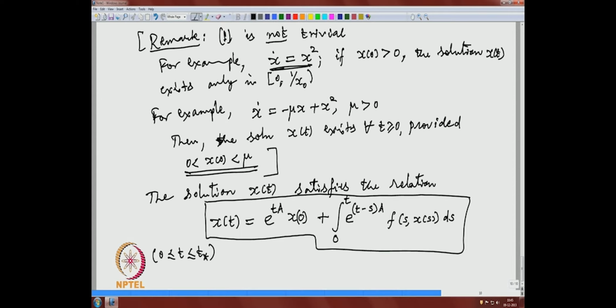Okay. And one more remark here, it is remarkable that the same technique works even for infinite dimensional systems, where the matrix A will be replaced by a differential operator with good spectral properties. What are the good spectral properties?